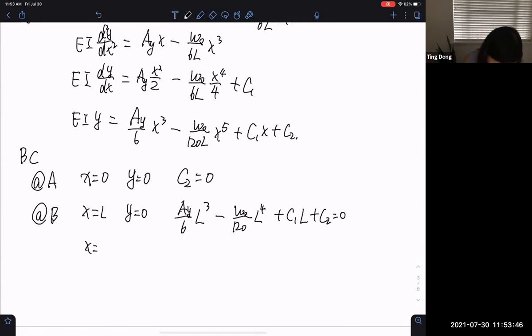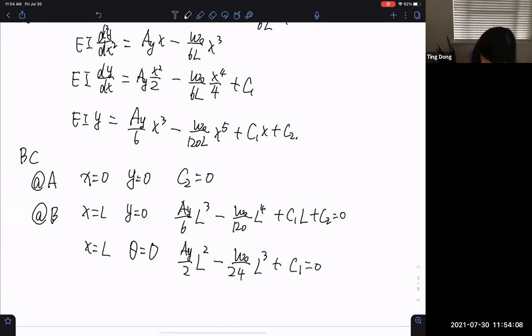And at x equal to L at point B, the rotation or the slope there is also equal to 0. It does not allow rotation. So, L squared, 24, L cubed, C1 equal to 0.